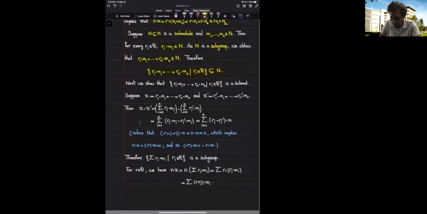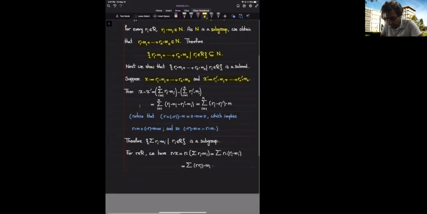So let's pick two elements, x and x prime. x is an R linear combination of m sub i's with coefficients small r sub i's, and x prime is another R linear combination of m sub i's with coefficients r sub i primes. And I look at the difference, x minus x prime.